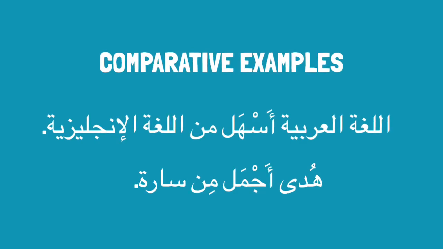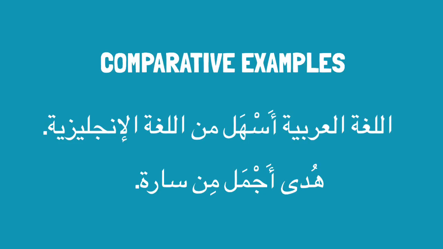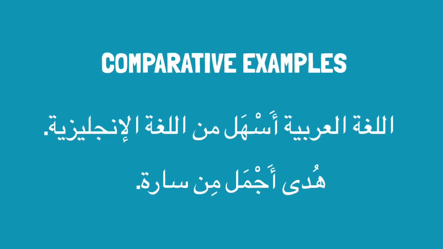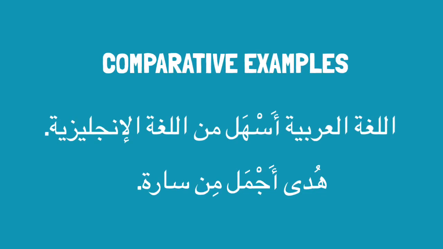By the way, do you think this is true? Let's see in the comments. Okay, the second sentence. هدى أجمل من سارة. Huda is more beautiful, which is أجمل here, than سارة. So, this is how we use the second way for comparative adjectives, and now let's move on to the superlative.